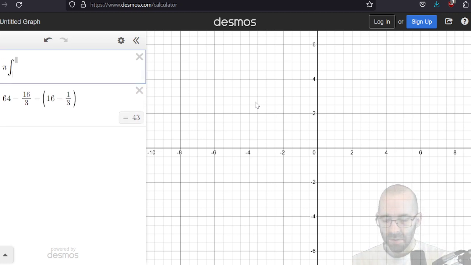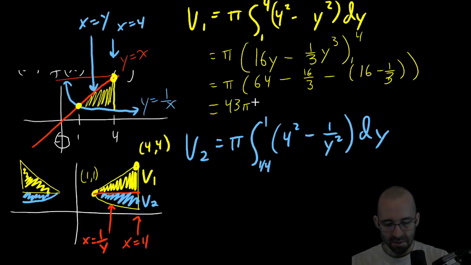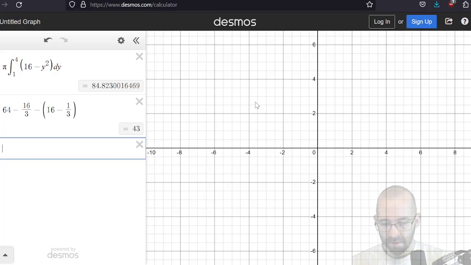Pi times the integral from 1 to 4 of 16 minus y squared dy. That is not the answer I had, 43 pi.